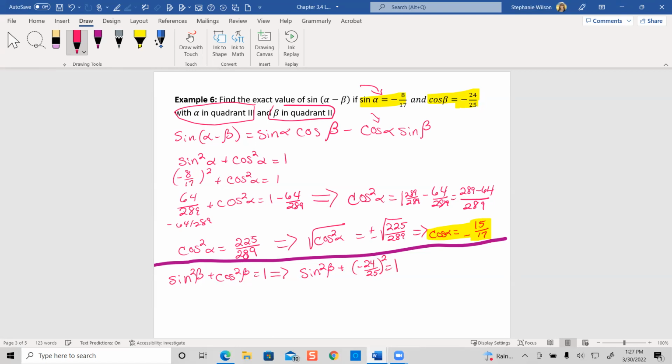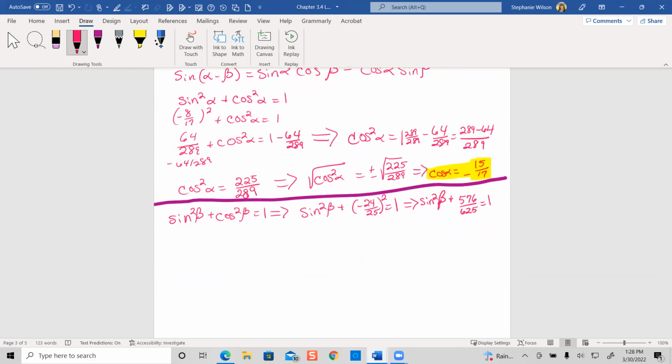We're going to square that. When I square that, I get sine squared beta plus 576/625 equals 1. I'm jumping ahead because we're going to subtract that from both sides because we want sine by itself.